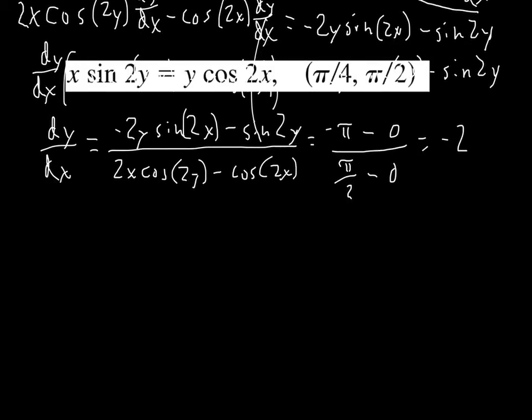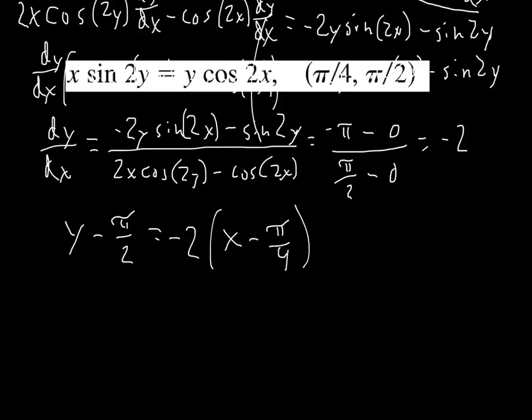Okay, I'm just going to slide this up so I can keep working. So there's my slope. Using my point and my slope to find the tangent line, I do y minus pi over 2 equals negative 2 times x minus pi over 4. Okay, there's my tangent line.